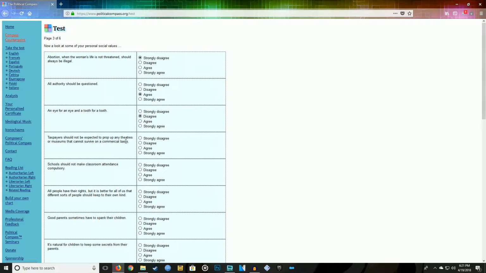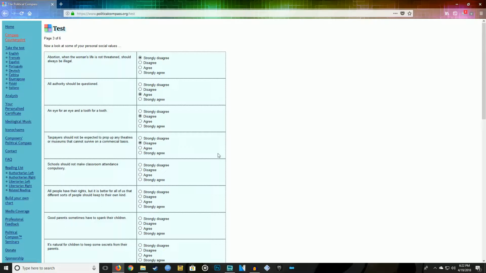A theater, I would agree. So I'm not sure which one to pick here. I think that museums take precedence over theaters. Art is important, but you can put art in a museum. Performing arts, like theaters, I do feel that they are very important. However, museums take the precedence, so I'll disagree with that one.